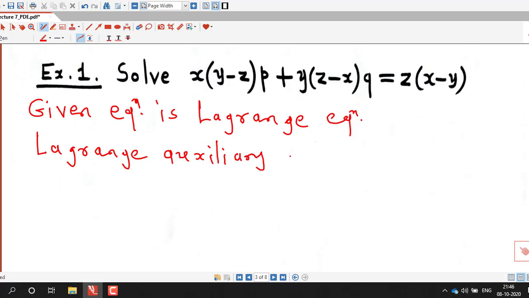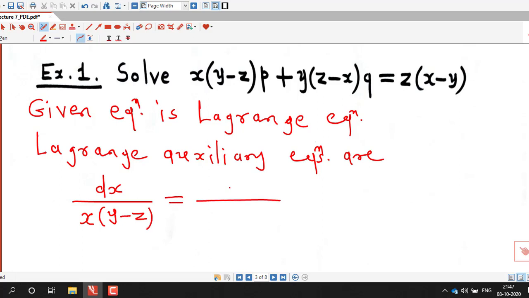The Lagrange auxiliary equations are dx divided by the coefficient of small p, which is x into y minus z, equal to dy divided by the coefficient of small q, which is y into z minus x, equal to dz divided by the right hand side, which is z into x minus y.